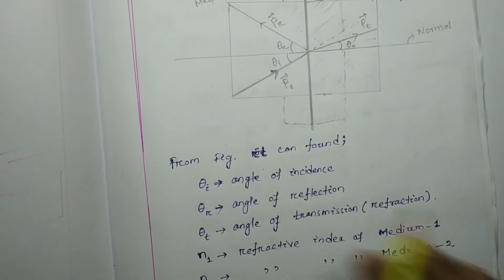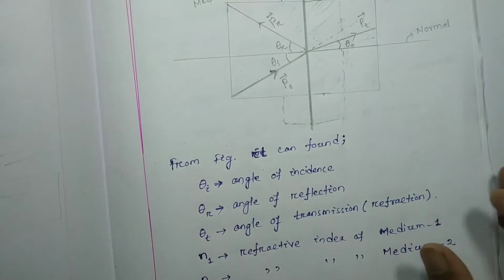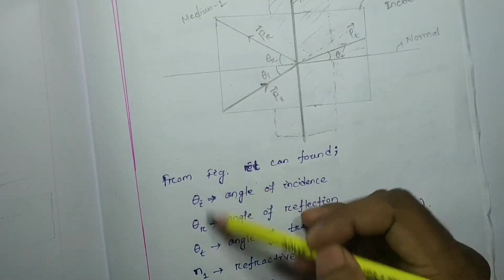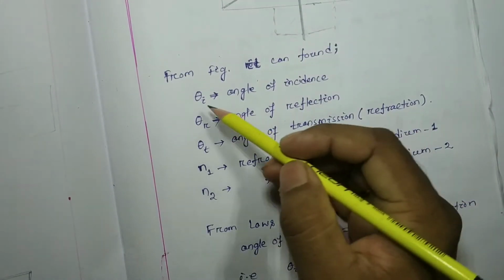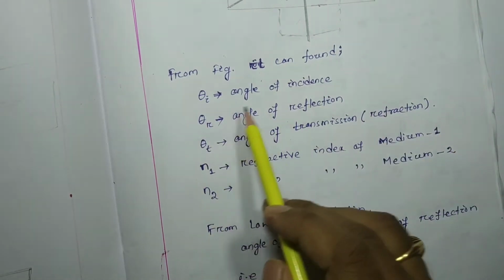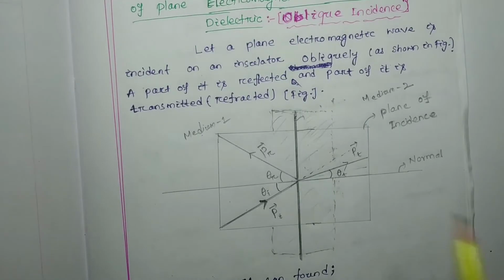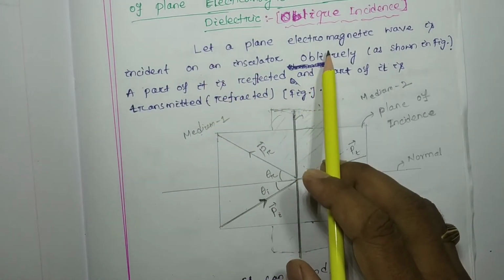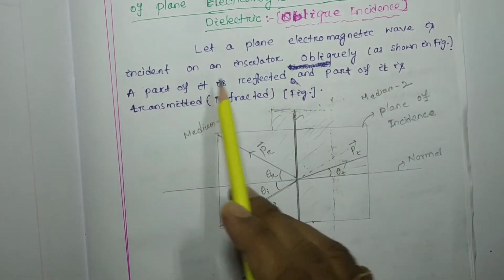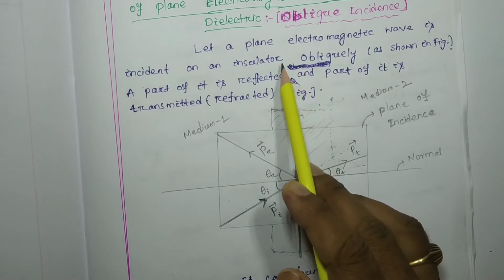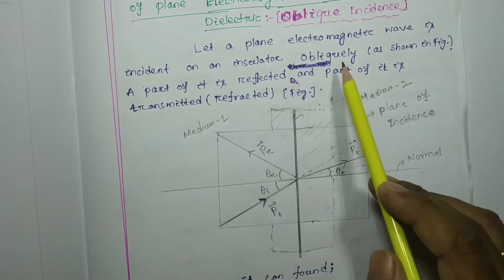What we discussed in the figure has been written here in simple steps. Let a plane electromagnetic wave be incident on an insulator or perfect dielectric surface obliquely, as shown in the figure.